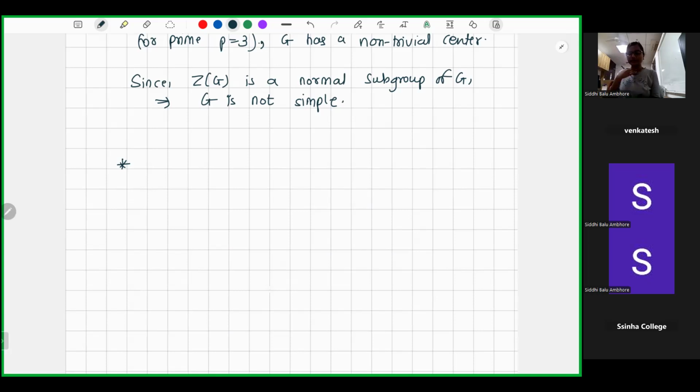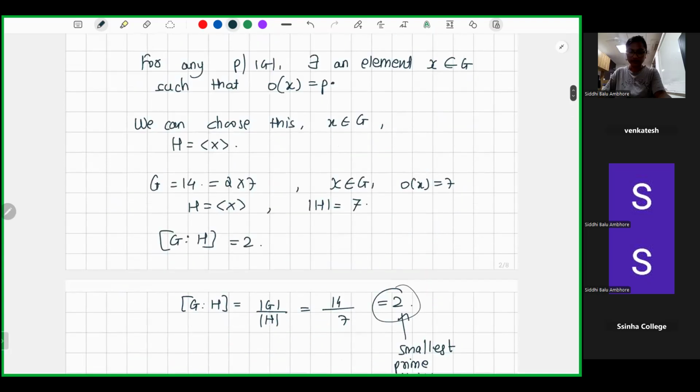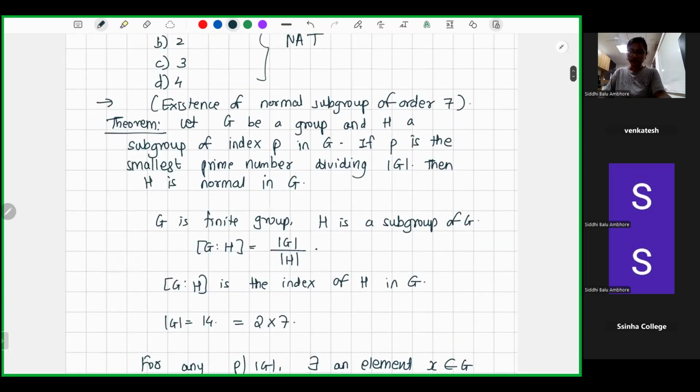And secondly, we saw that if G is a group and H is its subgroup, and if H has index in G equal to P, where P is the smallest prime dividing the order of G, then H becomes a normal subgroup of G. This is the theorem I'm talking about, the very first which we used today.